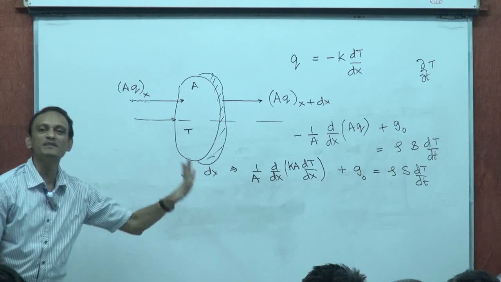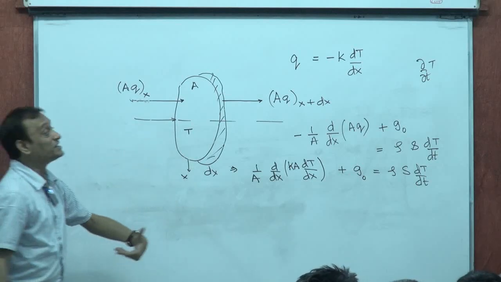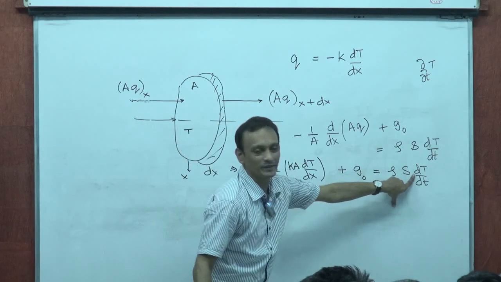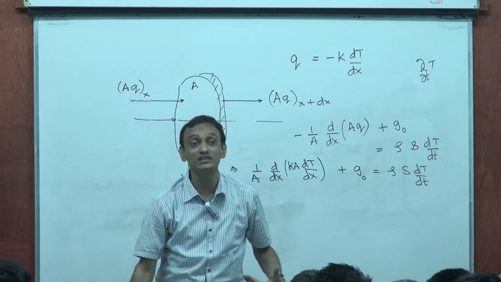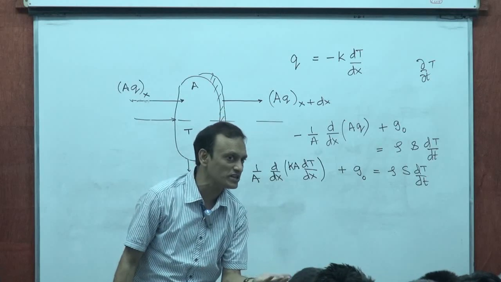Now, to simplify matters, under steady state, what would happen? This will become 0, because temperature would become time independent. So the partial derivative of T with respect to small t would be 0 under steady state conditions.